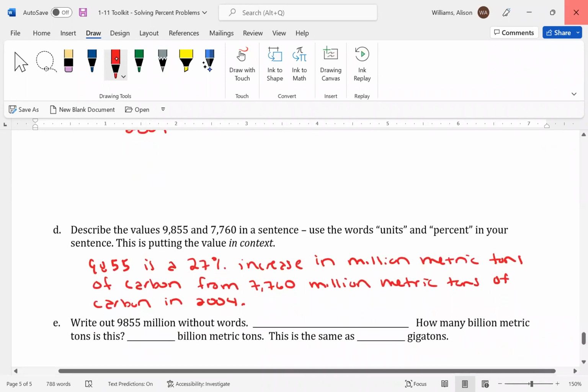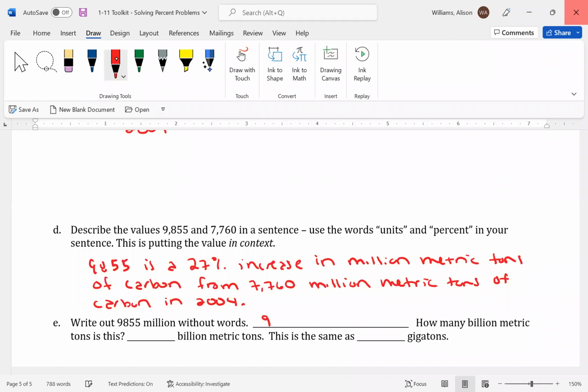And let's write out 9,855 million without words. In other words, when they say 9,855 million, it means you need to add 6 zeros, because million is 6 zeros. So that's really representing billions.